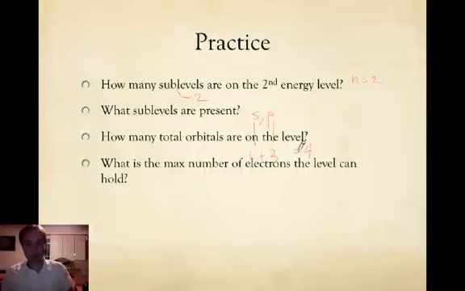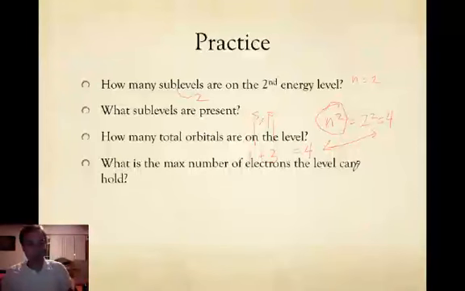You could add it up like that, or you could just remember that the equation is n squared. N right now is equal to 2, because we're on the second energy level, so 2 squared gives us 4 orbitals. I get the same number either way. I like n squared because it just makes things easier. I don't have to remember this whole 1, 3, 5, 7 thing.